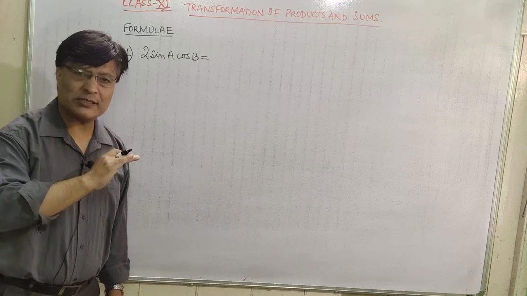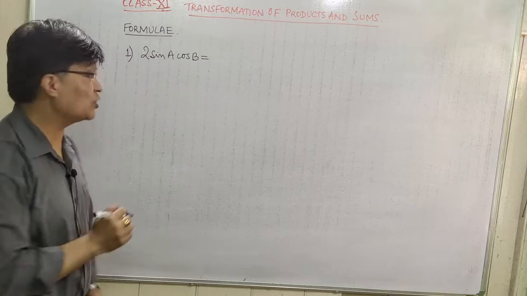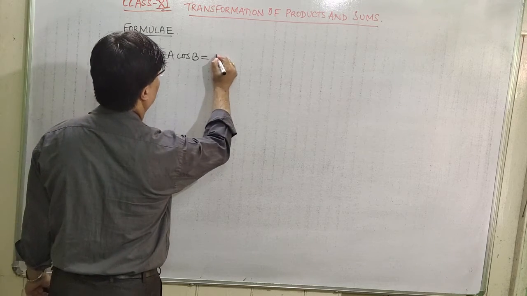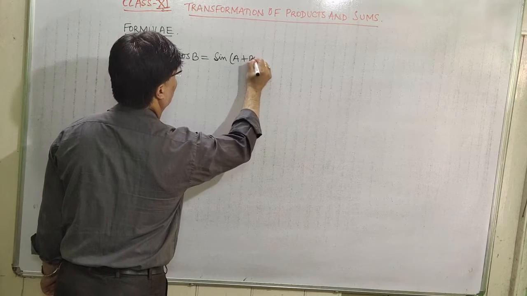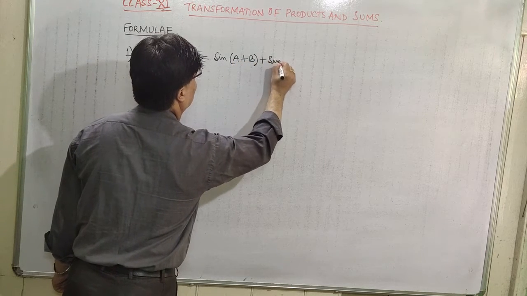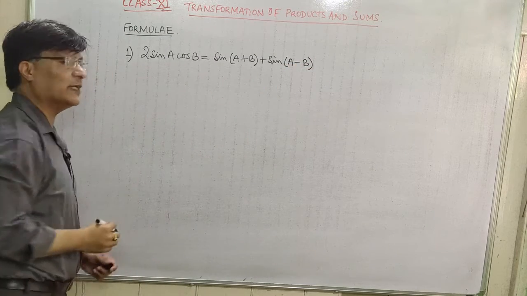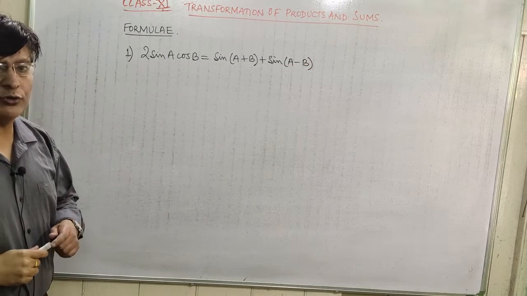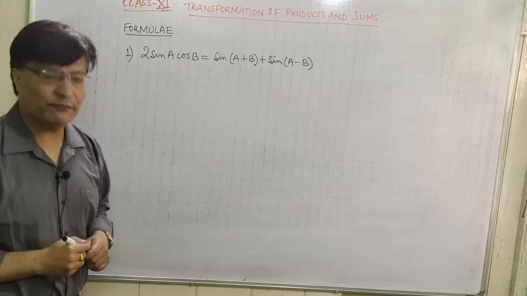Okay, so let us convert it into sum of two trigonometric functions. That is 2 sine A cos B is equal to sine of A plus B plus sine of A minus B. That is, we have converted the product of two trigonometric functions into sum of two trigonometric functions.